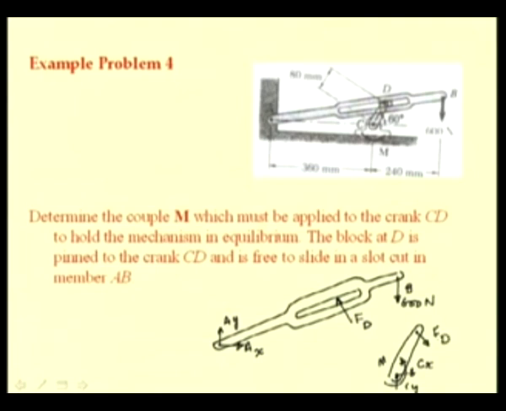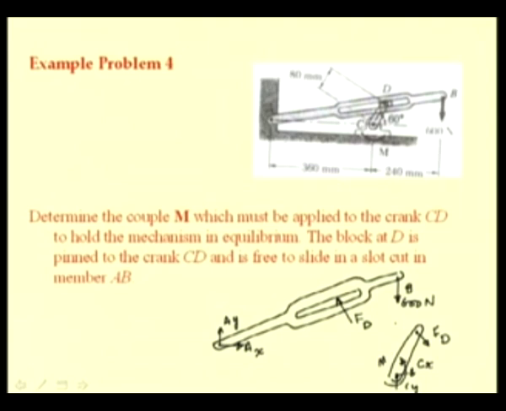These two forces are equal and opposite, and from the earlier free body diagram we have already determined this force Fd. From this free body diagram, it is possible to determine the three unknown quantities Cy, Cx as well as M.